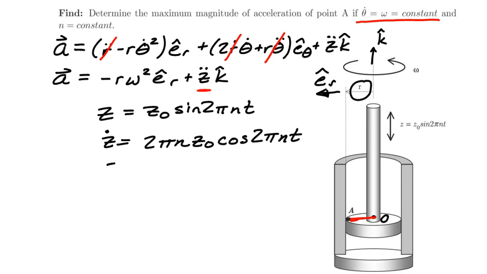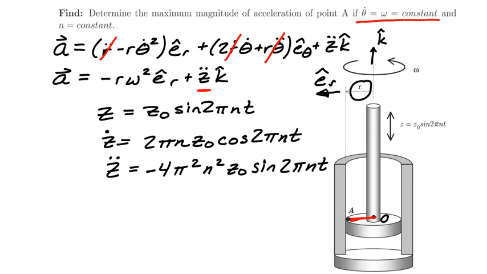And if I take the time derivative of that, I'll get that z double dot is going to equal now 4 pi squared n squared z naught times the sine of 2 pi nt, and in this case with a minus sign out front of it from the derivative of the cosine.